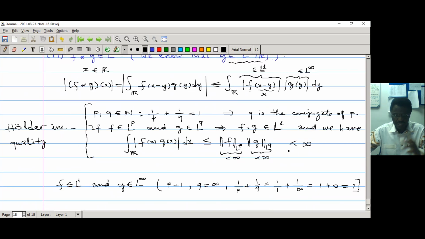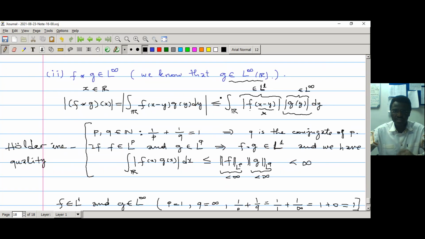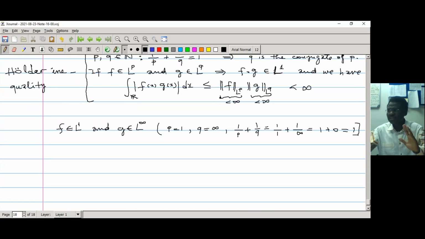I mean, you can do that directly, or we can use this other inequality, or you can use directly the fact that this is essentially bounded, so it's actually bounded as we said already. So this will be less than the supremum, and then you take the supremum outside. Now, with the change of variable, this will be a single function. And you see the result exactly as it is stated in the notes. Please go there in the notes with this explanation. Things will be clear. It's late already.